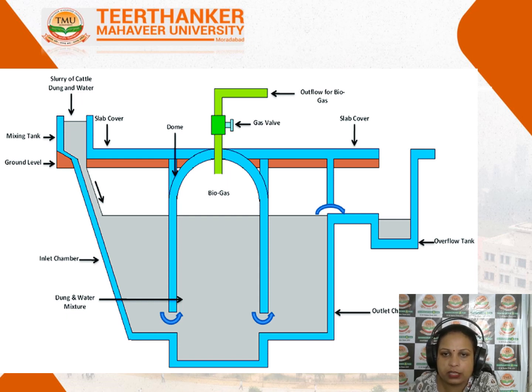Because gas has a tendency to always rise up, the biogas rises in the upper chamber of the digester tank, and through this pipe the gas is collected, and through this valve the flow of the gas is maintained. When the slurry is totally digested by the anaerobic bacteria, it becomes lighter and moves towards the outlet chamber.